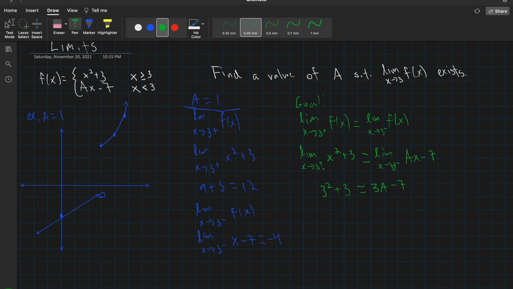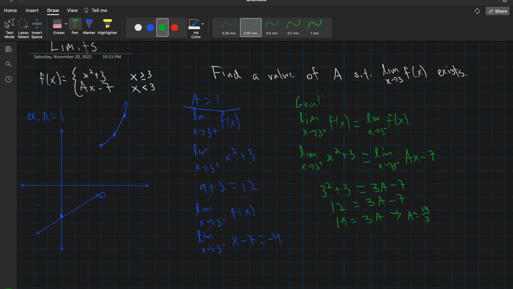So I'm plugging in for the limit here. And this will end up reducing down to 12 is equal to 3a minus 7. Plus 7 on both sides, 19 is equal to 3a. So this means a is equal to 19 over 3.